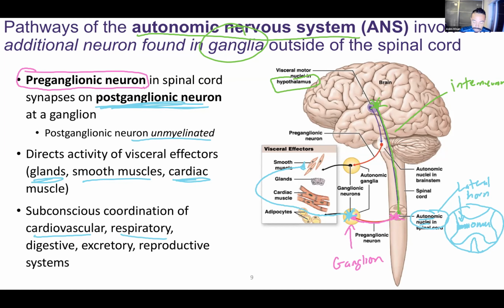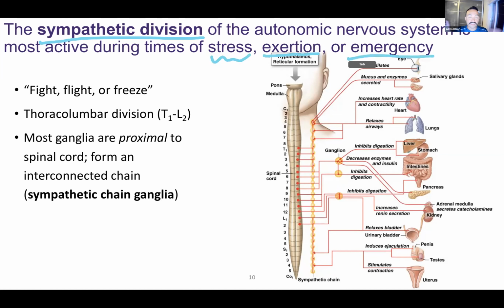Now, if you recall, the autonomic nervous system can be divided into 2 parts, the sympathetic and parasympathetic. The sympathetic division, this is the nervous system that's activated when you are stressed out, when you need to exert yourself for whatever reason, when you're in a state of emergency, whether that's life-threatening or it just feels like it's life-threatening.